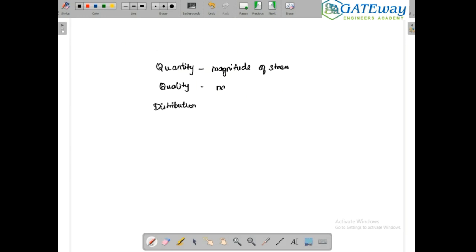Quality is the nature of the steel. It should be pure. Distribution is direction, how the reinforcement is made, or the point of application.